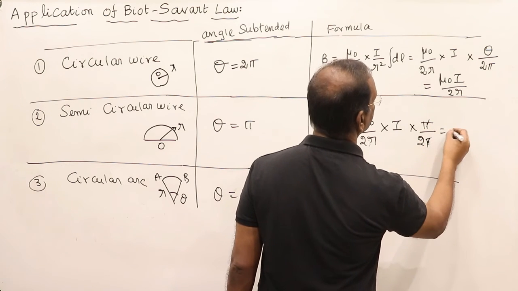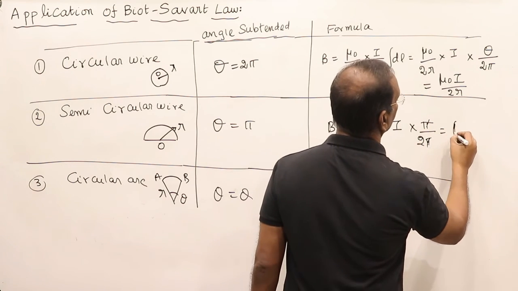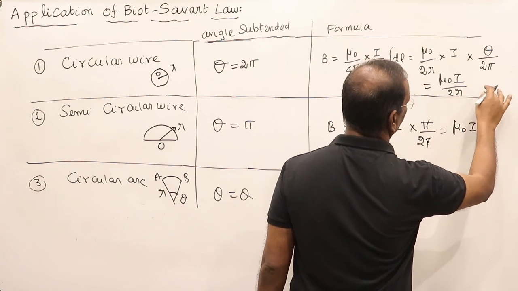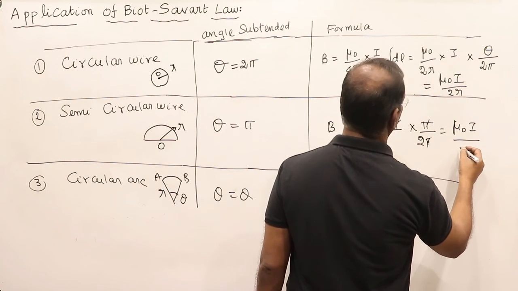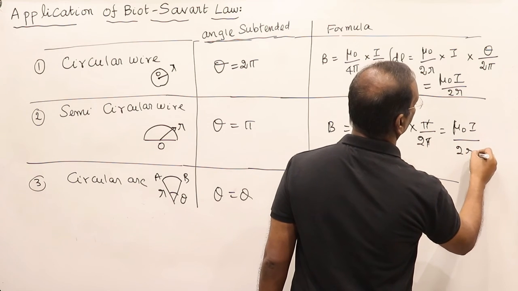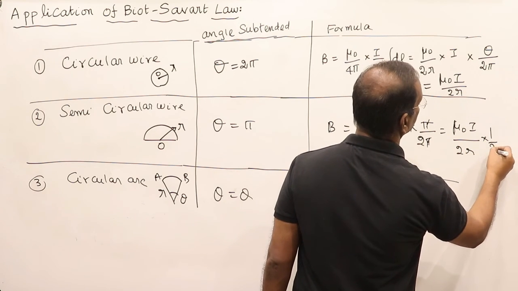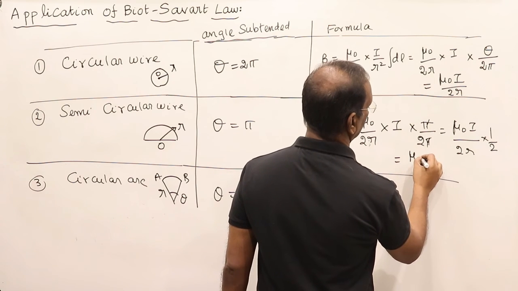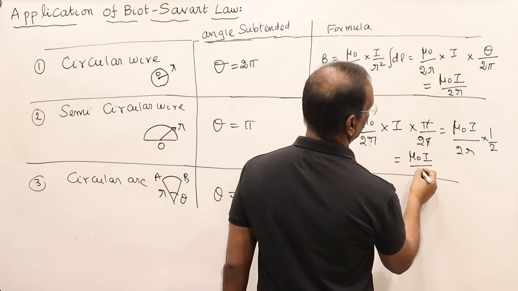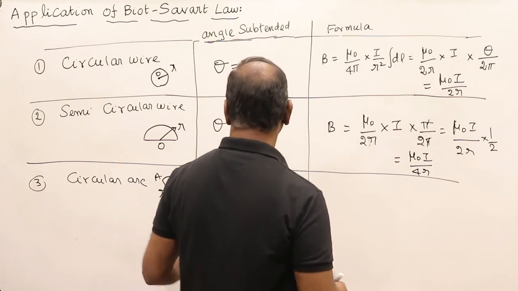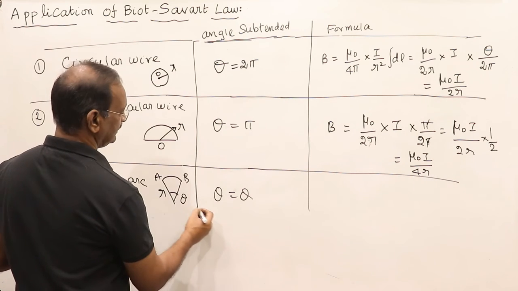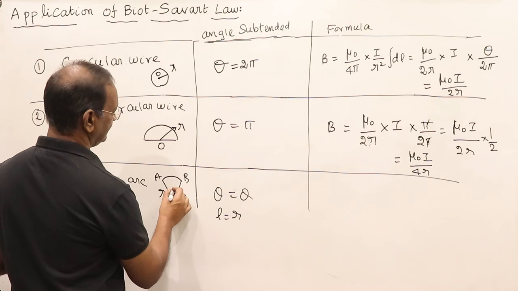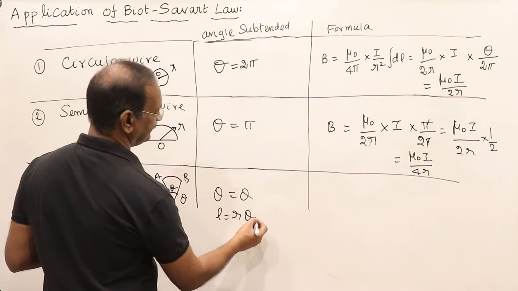So this cancels, giving half of mu naught I by 2r, which is nothing but mu naught I by 4r. And the length is r into theta.